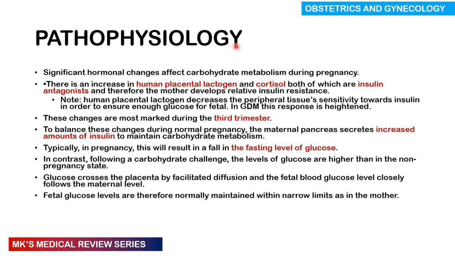So remember that the fetal glucose levels must also be monitored very closely and be kept within narrow limits of the mother's. So the ideal thing here is to keep this in mind: once you control the mother's blood glucose levels, you pretty much control the fetus's blood glucose levels. Why is this important? It's very important, especially in the early trimesters.